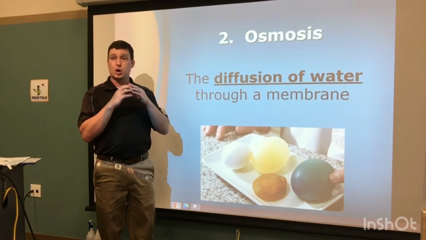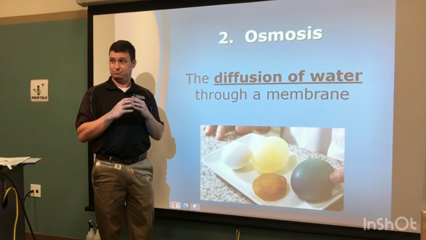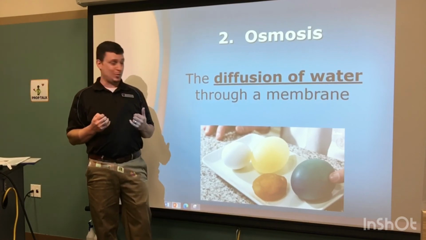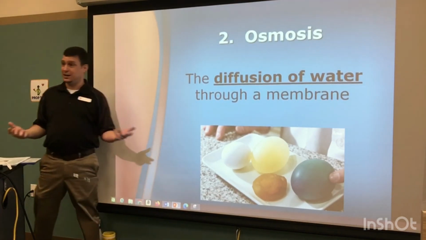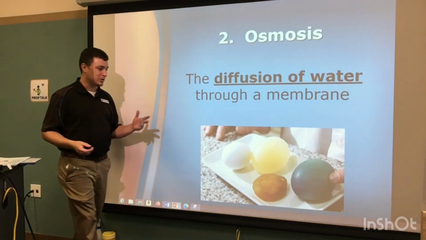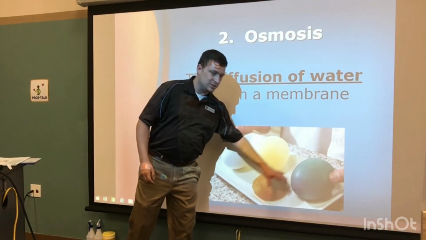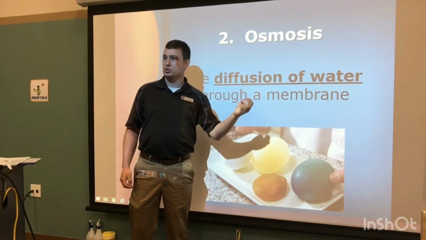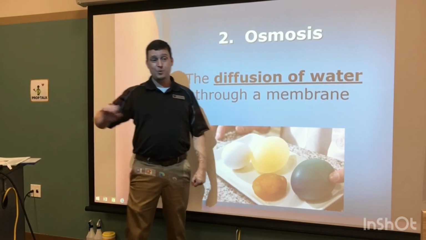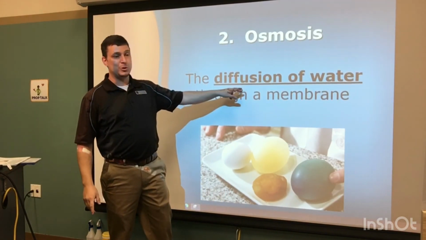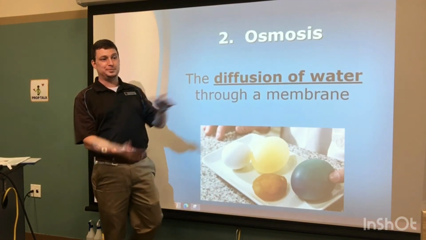So yes, we're going to make our eggs naked. We're going to remove the shell from our egg, making it a naked egg, and then we're going to put it through different tests to see how it can absorb or soak in water or push out water. Osmosis, right?